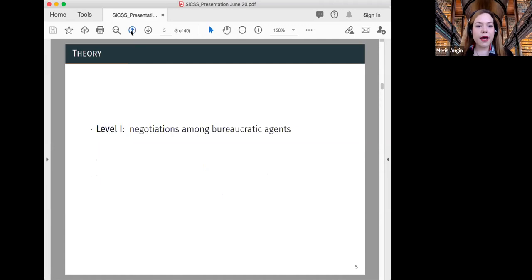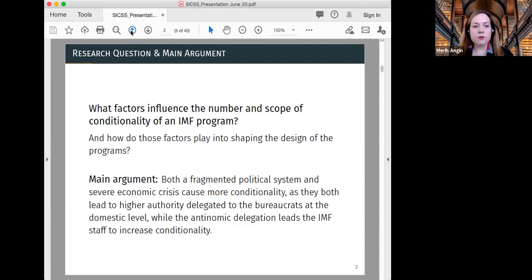So going back to the earlier slide where I put my main argument, both a fragmented political system and severe economic crisis cause more conditionality, as economic crises lead to higher authority delegated to the bureaucrats at the domestic level, and a fragmented political system leads to coordination problems, weakening bargaining power of the recipient country, while autonomic delegation, as I said, involving assignment of complex tasks to the IMF staff, leads the IMF staff to increase conditionality.